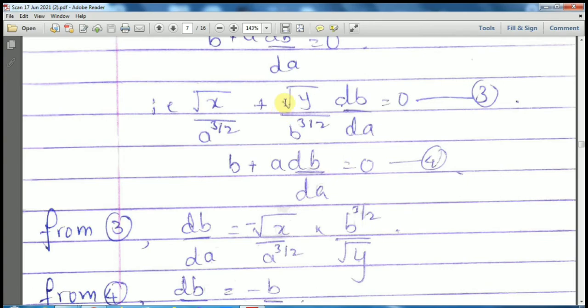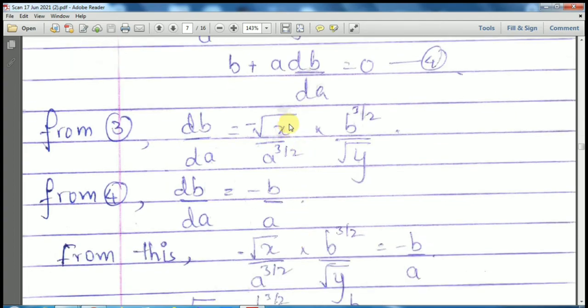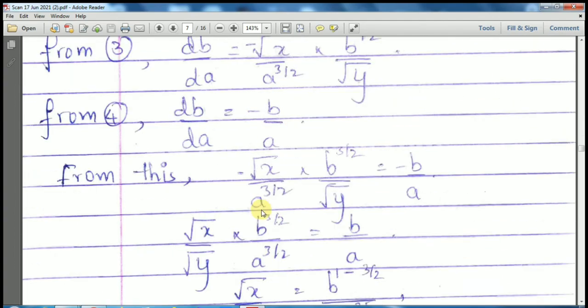So we have these two equations from equation 1 and 2. Now from equation 3 we have the value of db by da as minus root x, simplifying like this. And from equation 4 also we got db by da, and now we equate these two. So we got root x by root a into b raised to 3 by 2 by a raised to 3 by 2 equal to b by a.